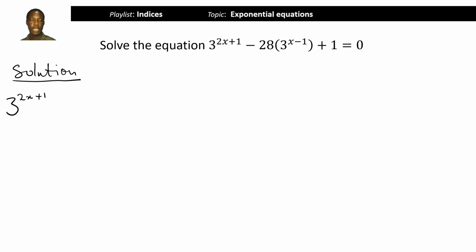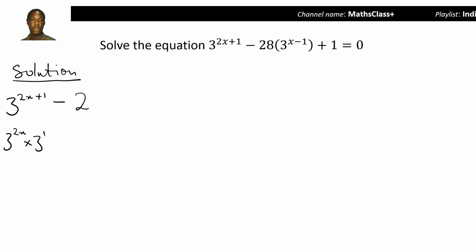It tells you that there are two numbers of the same base that we multiply. So here we are going to rewrite that as 3 exponent 2x multiplying 3 exponent 1. That's what this means. Then we have minus 28 in brackets 3 exponent x minus 1.